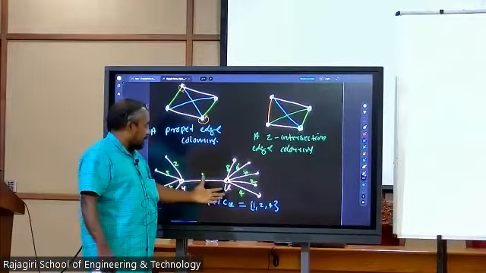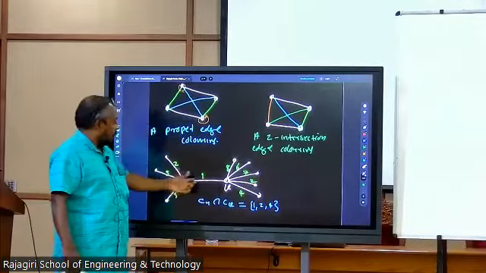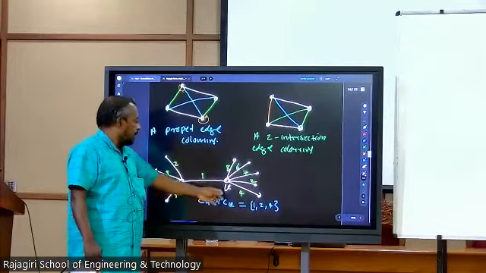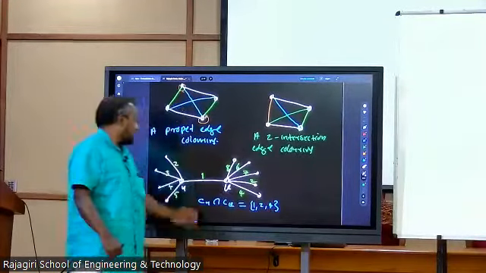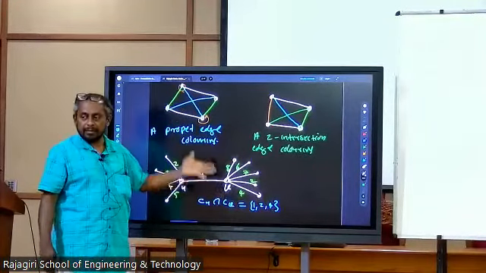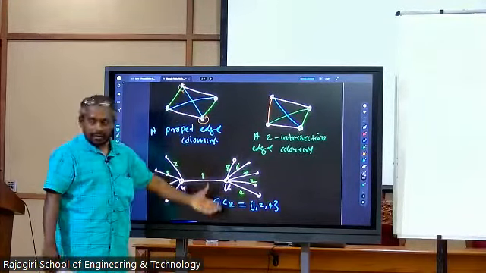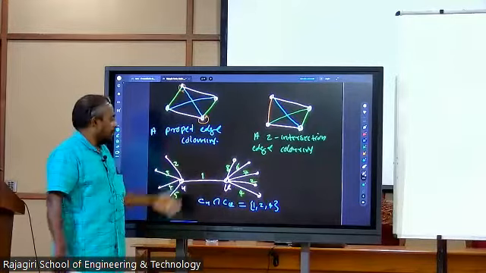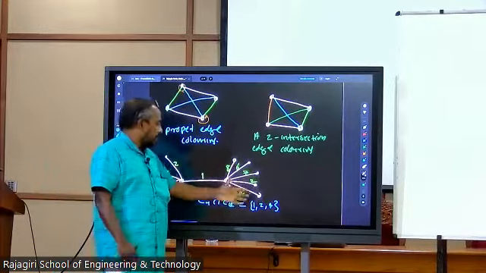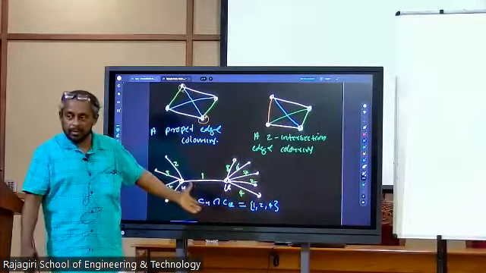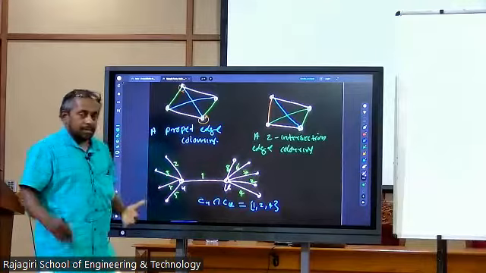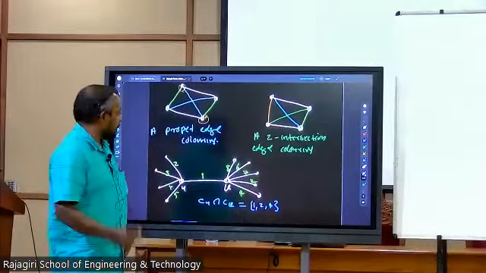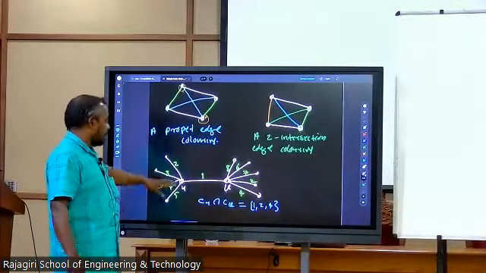Here is another coloring, and for the edge UV, you will see that the intersection is the set 1 to 4. Therefore, it is a 3 intersection coloring. Definitely we have to look at all possible edges, but you will see that other edges definitely will not have more than this intersection. So in general, we have this k intersection coloring for a given k.